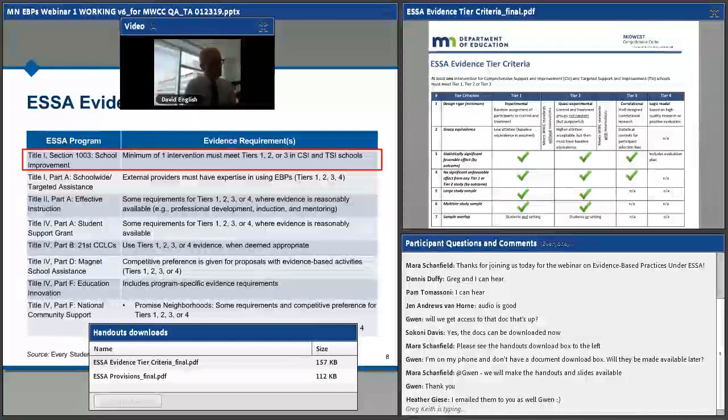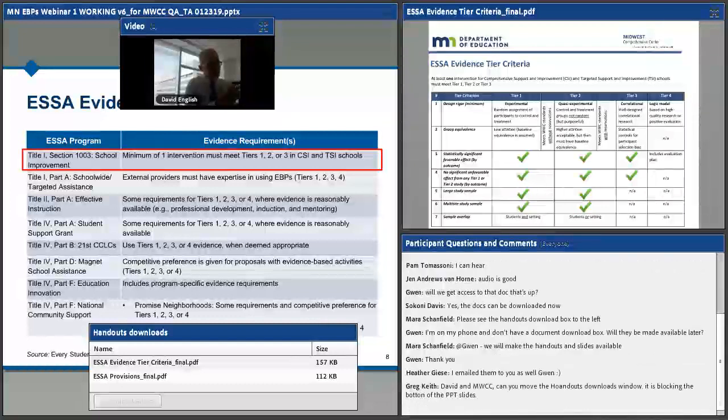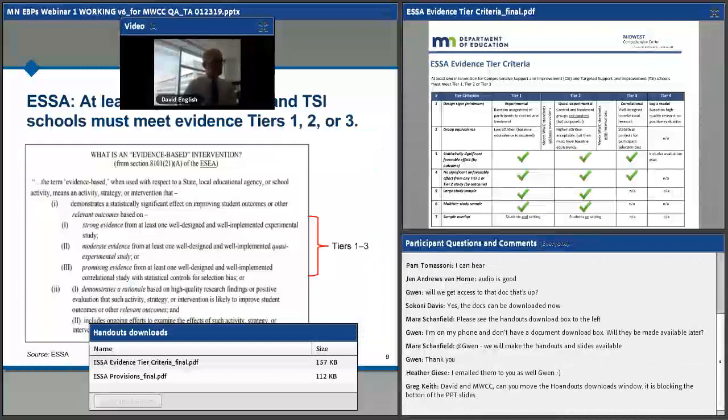We're going to let you explore that on your own time, but the first row is what we're going to focus on here today, right? And that's this requirement that in CSI and TSI schools, at least one practice must meet evidence tiers 1, 2, or 3, right? Not all of the practices in CSI and TSI schools need to meet those tier levels. Just one needs to meet tiers 1 to 3.